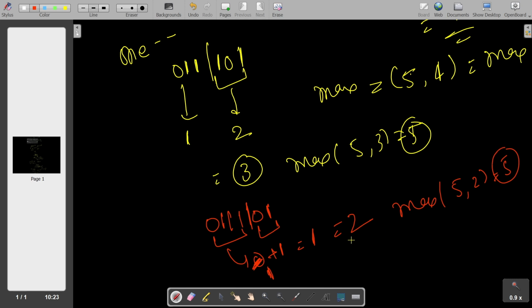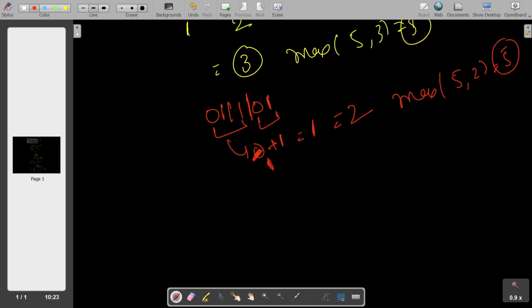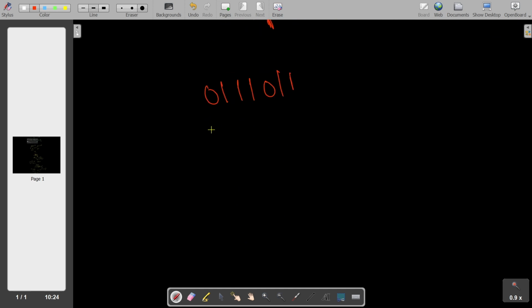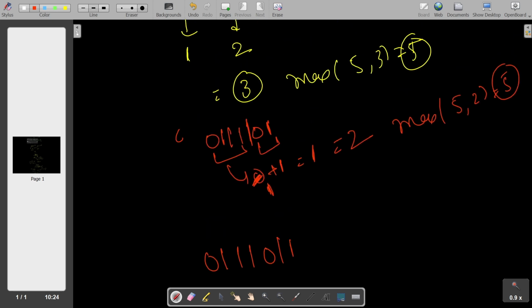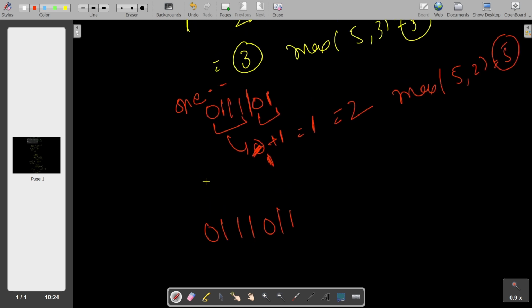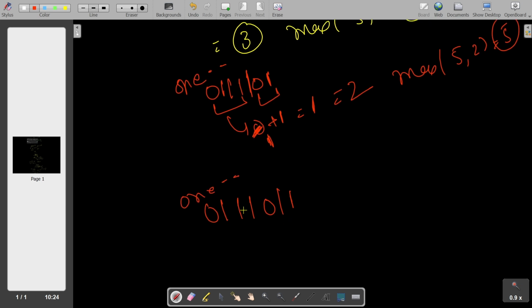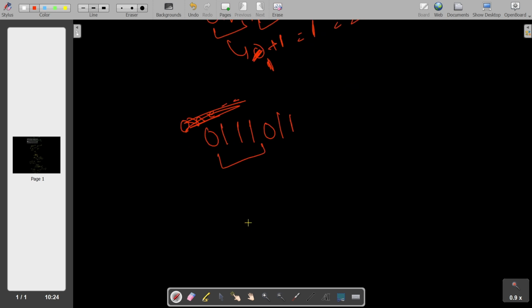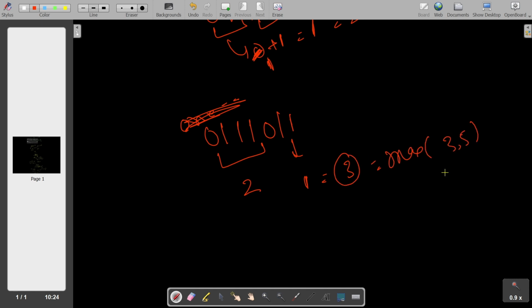In the next iteration we also perform ones minus minus. Here the zero count is 2 and the ones count is 1, and the answer is the maximum of 3 and 5, which is 5.